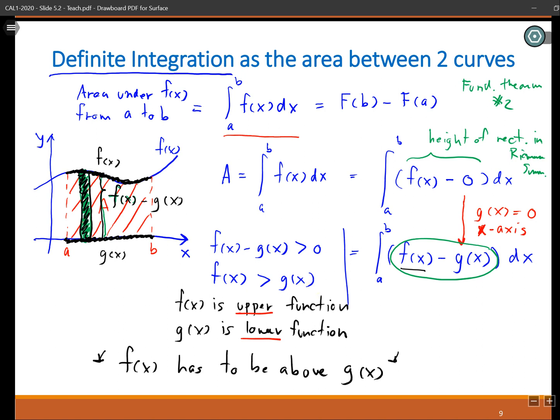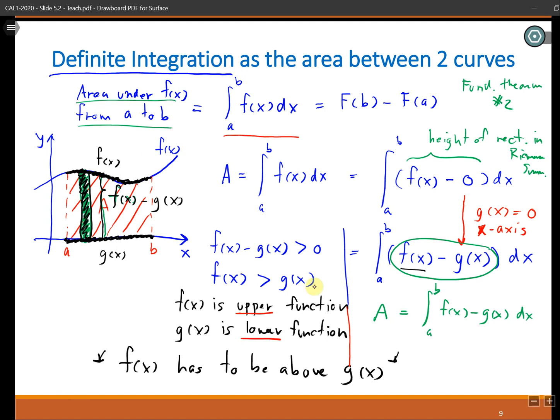Now, let's take a look at the formula that we have here. Here we are going to have this formula: A equal to the integration of f(x) minus g(x) dx, starting from a to b, just the same. Before, we had this physical meaning as the area under f(x) from a to b. But I want you to make a note here.